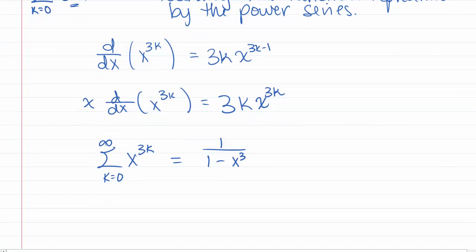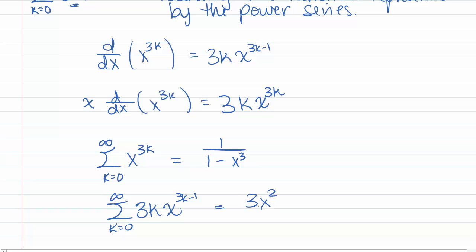Now, to get our series, we want to first differentiate this. So let's differentiate both sides. We would get the sum k goes from 0 to infinity of 3k x to the 3k minus 1, and that's going to equal 3x squared over (1 minus x cubed) to the second power.